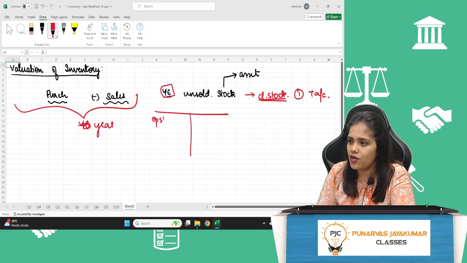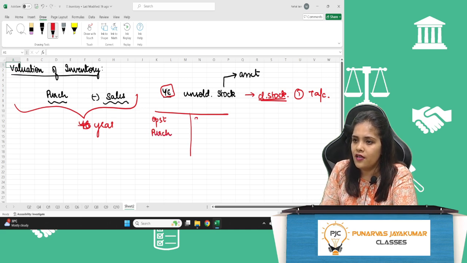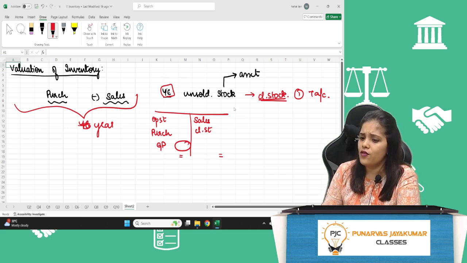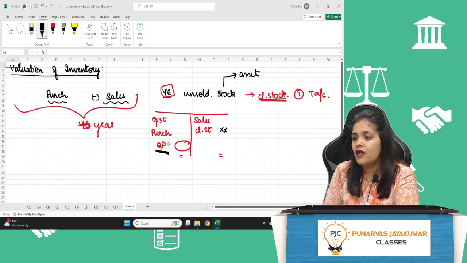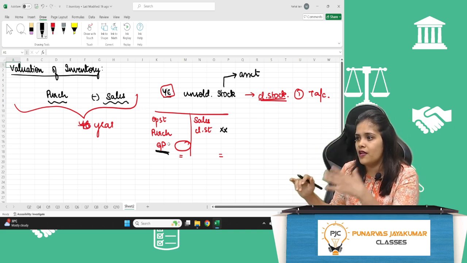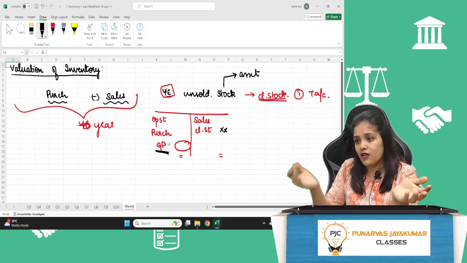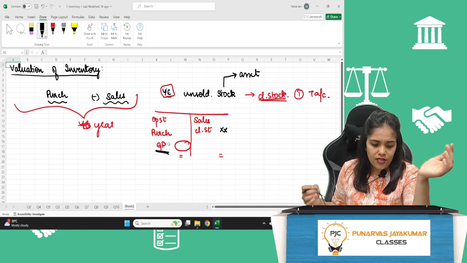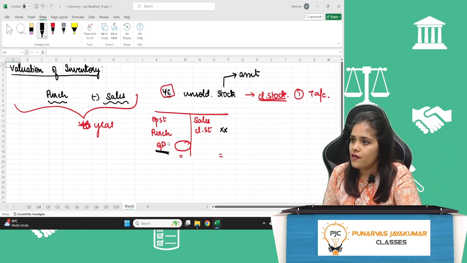You start with opening stock, then you write purchases, and closing stock is the balancing figure, correct? If I value the closing stock wrongly, then the profit will get affected. The GP, brought down to the P&L, net profit will also be wrong, and the balance sheet will also be wrong. That is why closing stock must be valued correctly. Am I clear?